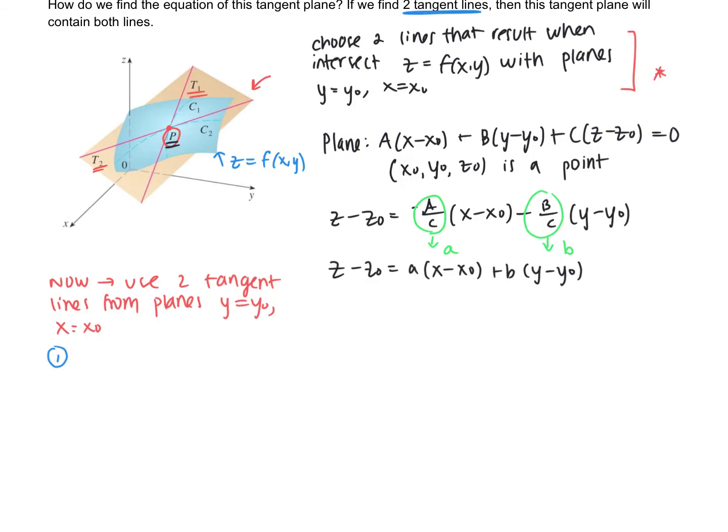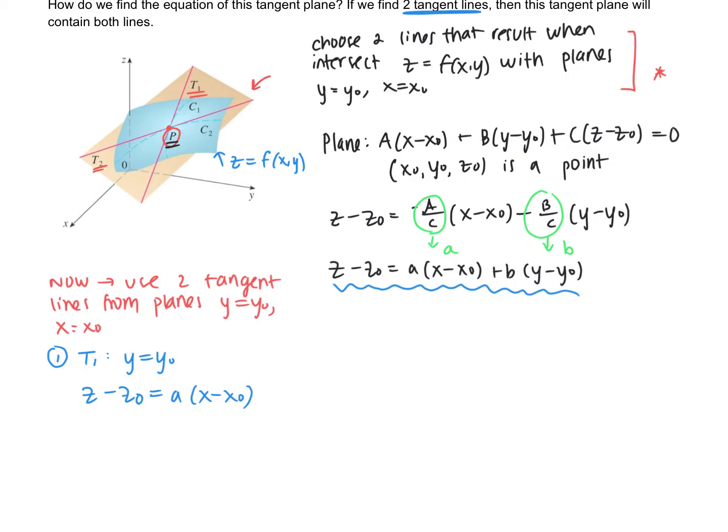The first one results in that line T1 that we see above, and that's when we intersect the plane y equals y naught with our function z. So if we go back to this equation and plug in y equals y naught, we get z minus z naught equals a times x minus x naught.